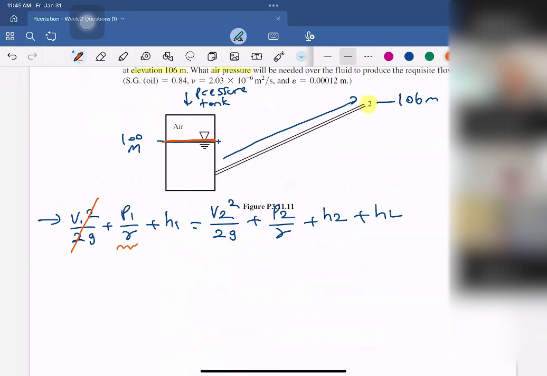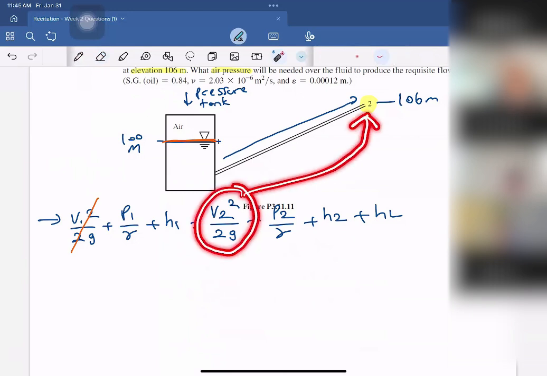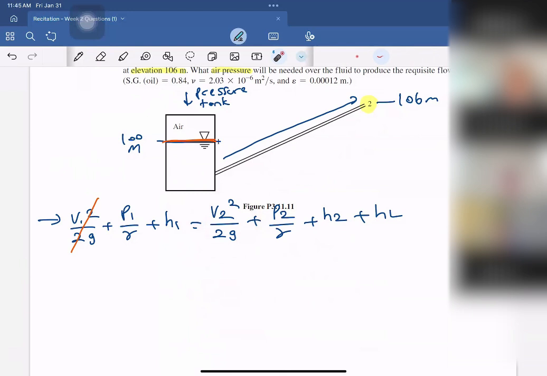But of course, we cannot remove pressure because we need to find that pressure. And this time we will also have velocity at point 2, because we will push the fluid here and it will go out with some velocity and some flow rate, so we need to keep it. But we can discard the pressure there because it is open to atmosphere.